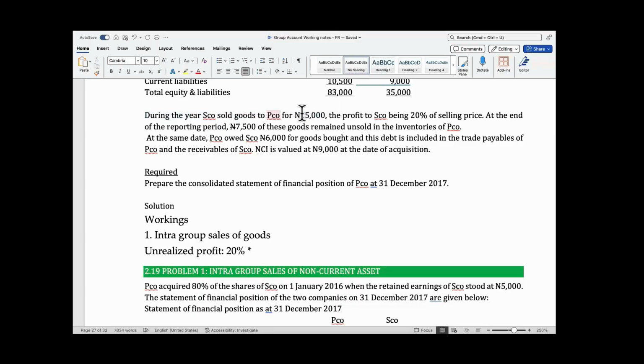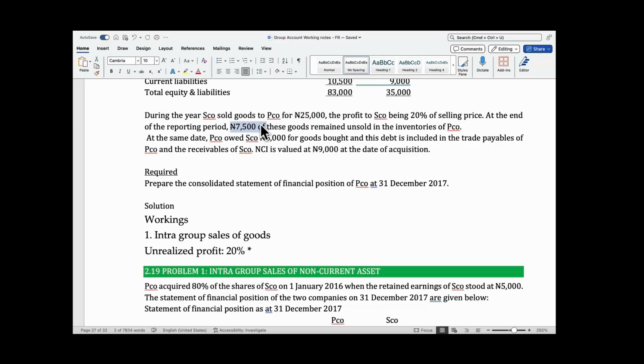Because out of these goods that is sold to one another, only 75 is still remain unsold. It's still within the group. That means Pico has sold those goods to other people outside of the group. That means that it's not the entire profit that is unrealized. There's a portion that is realized.